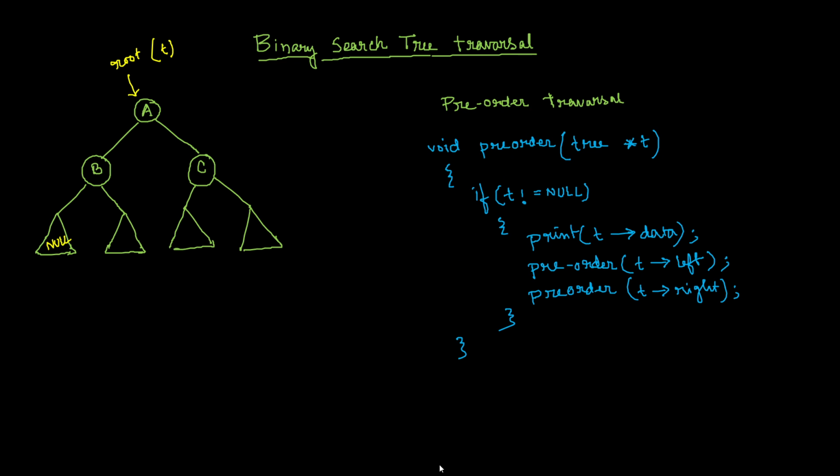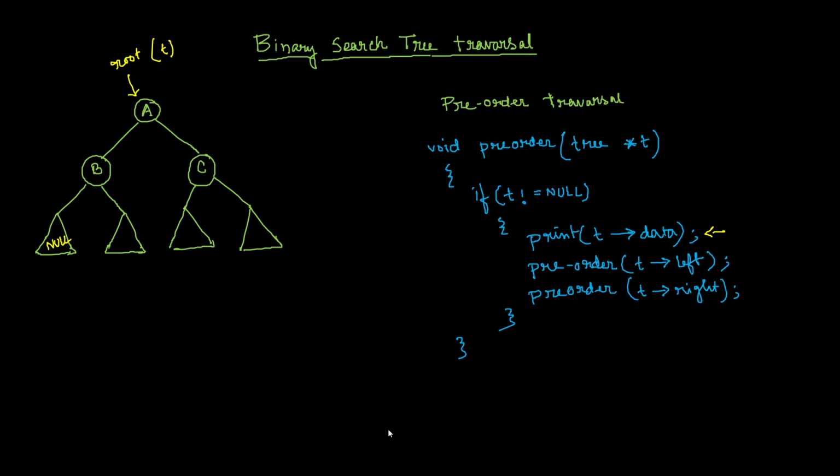Now, in case of in-order or post-order, the philosophy remains the same. In case of in-order, what will happen? The position of this print statement will vary, depending on the type of order. If it is pre-order, this print statement is before the two pre-order function calls.